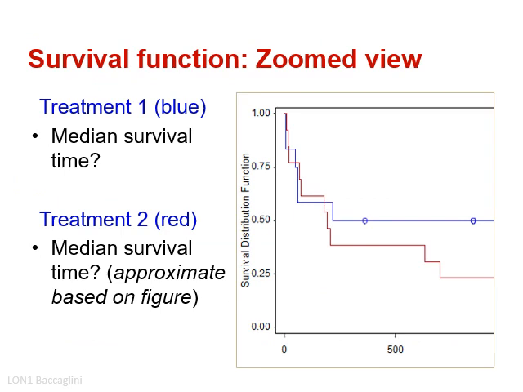Let's take a look at a closer view. What was the median survival time? Well, for treatment 1 in blue, it is difficult to define because we have a straight line at 50%.